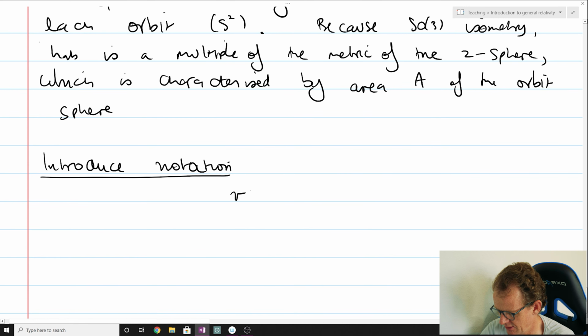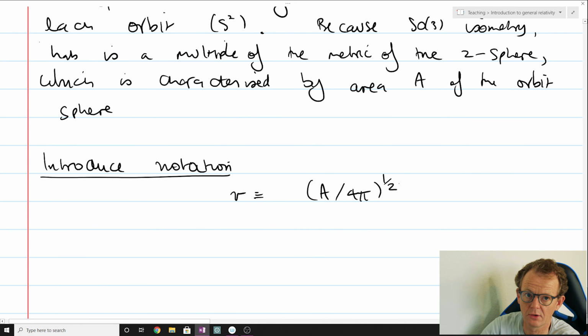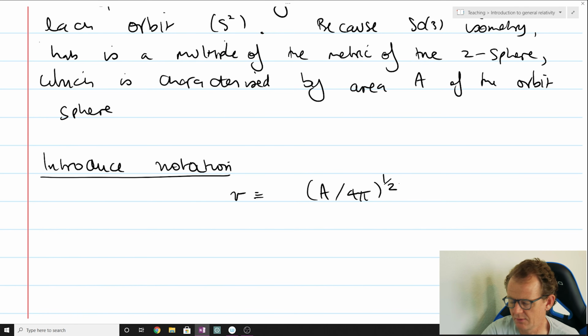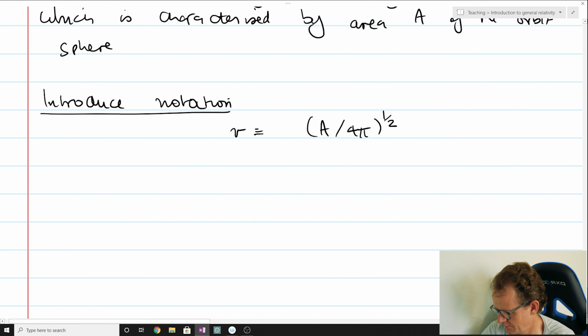So we can introduce some notation. Once we've labeled our metrics on all these induced orbits, we could label them instead by a radius-like coordinate, which is given by interpreting A literally as the area of the orbit sphere. And then we can introduce coordinates on each of these orbit spheres.